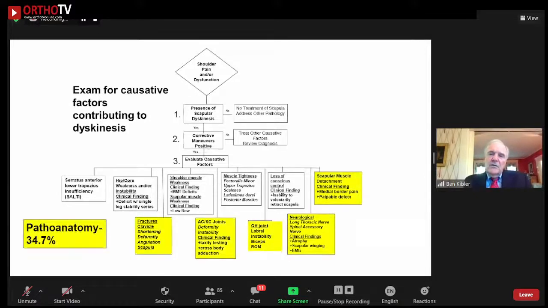It's very interesting that if you look at these, you find that the boxes that represent the pathoanatomy, the damage to the muscles, the fractures, the AC joint injuries, glenohumeral joint injuries, or neurological, they actually, in a big series that we did of over 400 patients with scapular dyskinesis, they only accounted for about a third of all of the cases. So while you need to find this, they're not going to be the most common.